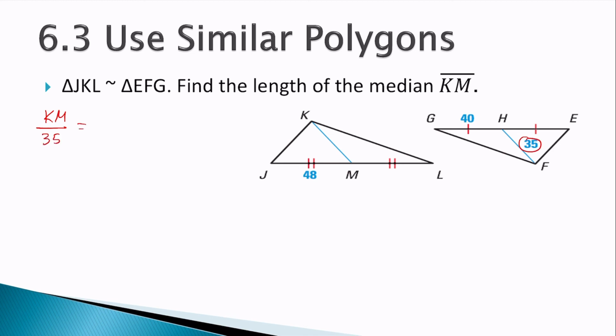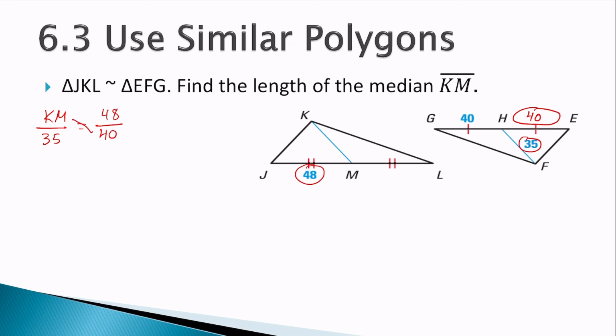What else do I know in the triangle with KM? Oh, I know this. That's 48. What does that correspond to in the other triangle? Corresponds to here, HE. Oh, wait, but I don't know HE. Oh, but the marks say HE and GH are the same, so HE is 40.